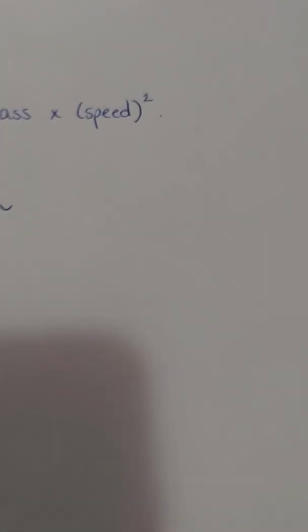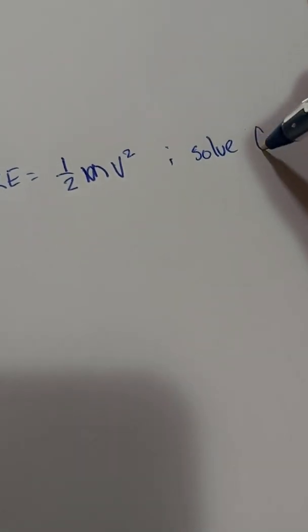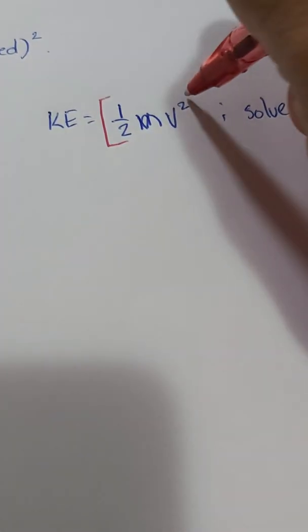Now, let's solve the formula kinetic energy equals 1/2 mass times velocity squared, and now let's solve for velocity. Okay, so we're going to do the same. First, let's multiply both sides of the equation by 2.